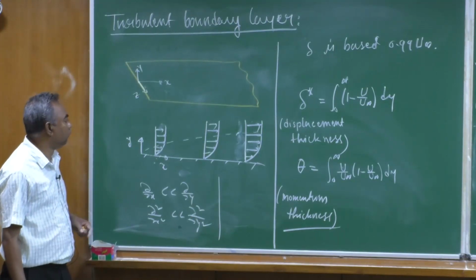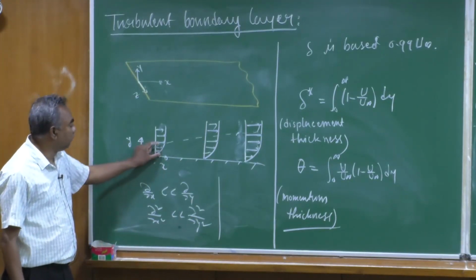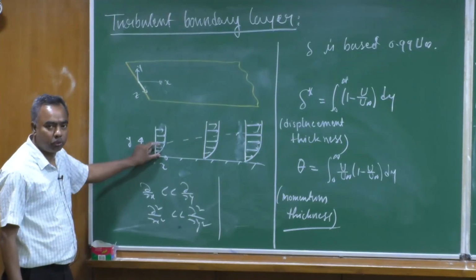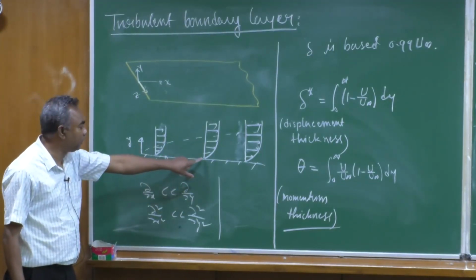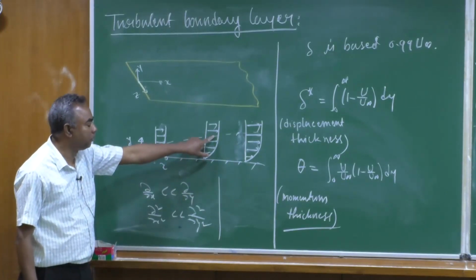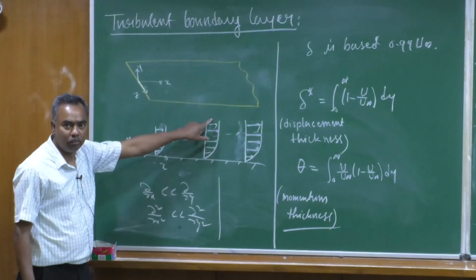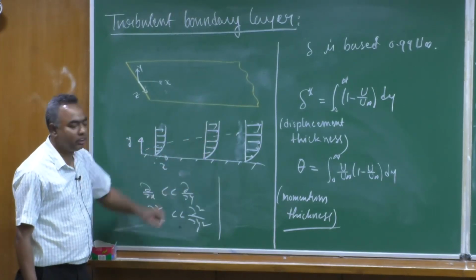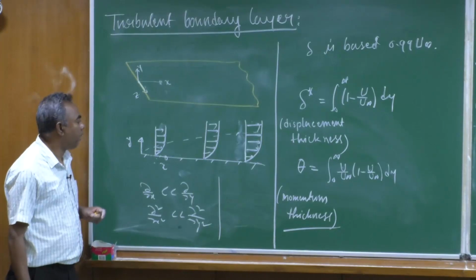Another point to note is that we are talking about boundary layer flows, which means the viscous activity is very high close to the wall, because boundary layer means the velocity at the wall is 0 and within a very small distance away from the wall the velocity is going to be equal to the free stream velocity. So, within this very thin layer the viscous activity is very dominant.